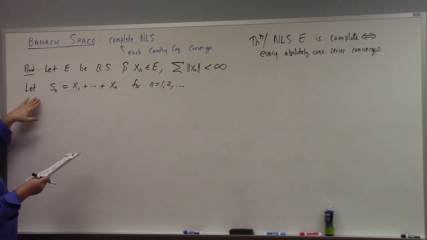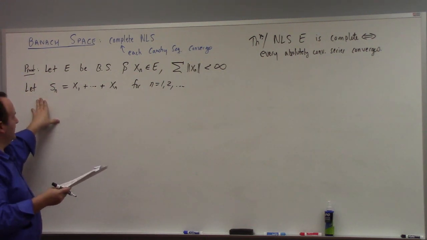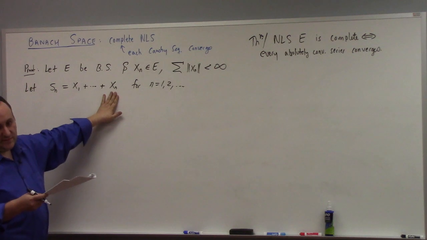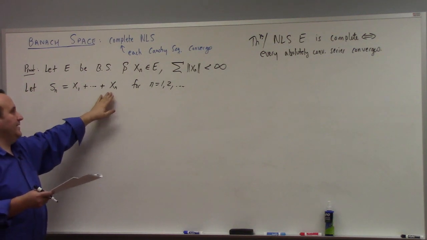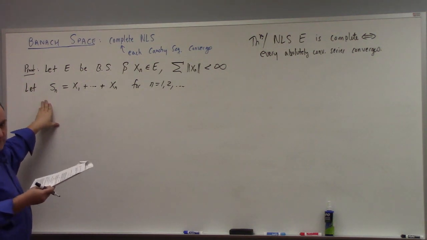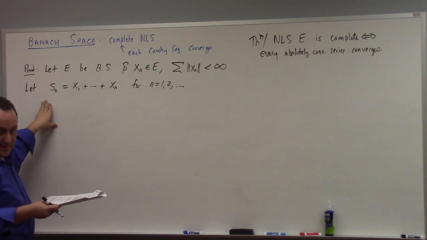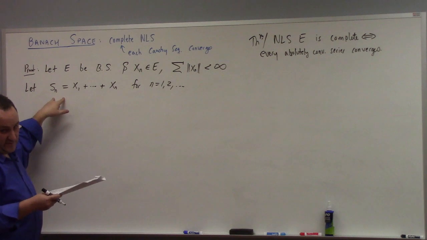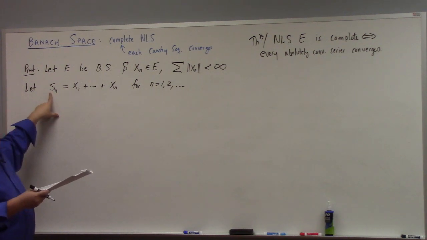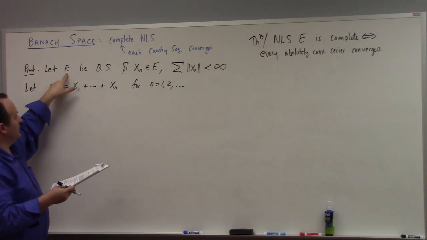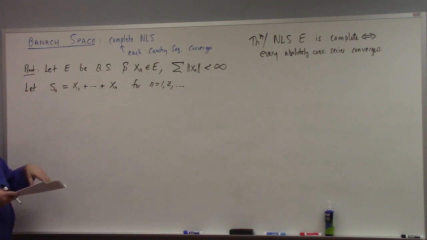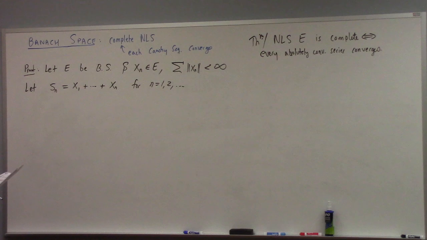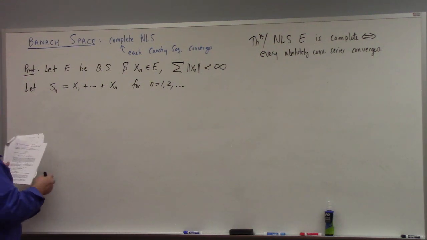To show it converges, we need to show that the limit of this sequence exists, and a good way to do that has something to do with the completeness. It suffices to show that this is Cauchy, because then it's convergent since we're in a complete space. So our goal at the moment is to show this is a Cauchy sequence. If we can do that, we got it.